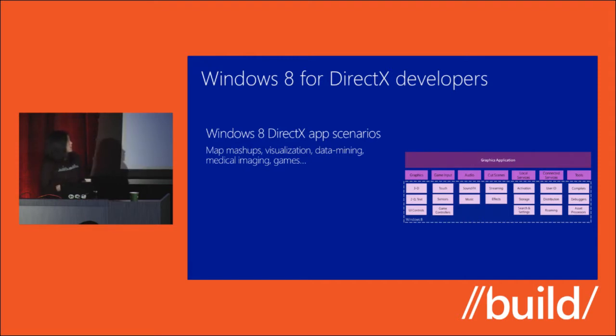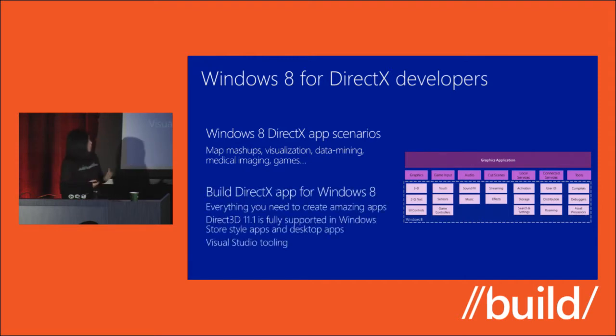This is a chart that shows what Windows 8 provides as a platform for you to build great, successful DX apps. It has everything you need to create amazing apps: graphics, game input, audio, all the APIs you will need to consume in your DX app.